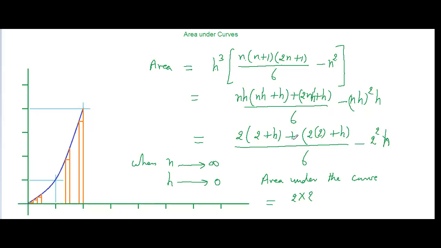So here not plus is there, sorry, here is the multiplication. So into 4 plus 0, that is 4, and divided by 6. And this is 4 times 0, so this is 0. So this is 1, 2 cancels. Answer is 8 by 3. So this is the exact area under the curve.